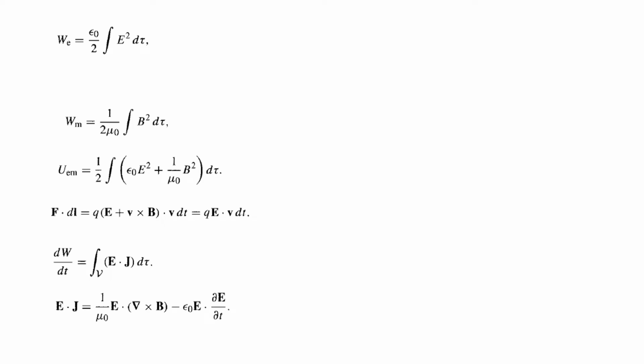So after visiting the concept of continuity equation, now we are about to move to the derivation of Poynting's theorem. For that, we are just recollecting a few things that we already learned.